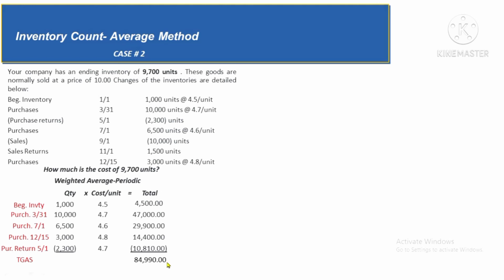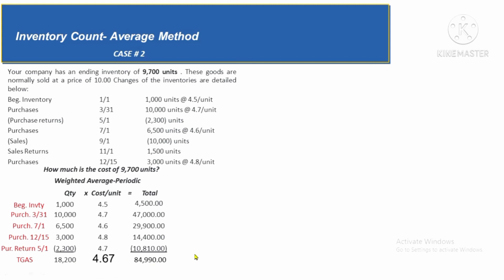Now, let's get the total goods available for sale in units. If you add this beginning inventory in units plus the purchases in units, less the purchase returns, then you will get 18,200 units. So meaning, if 84,990 is the total cost of 18,200 units, then the per unit cost in the average is 4.67.